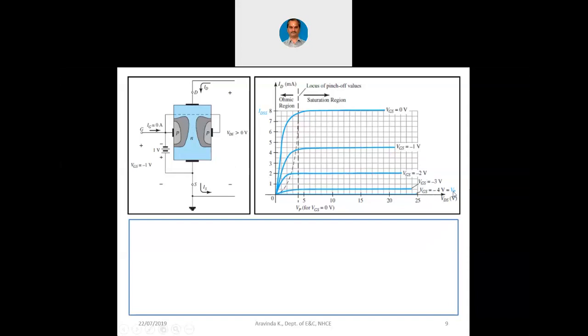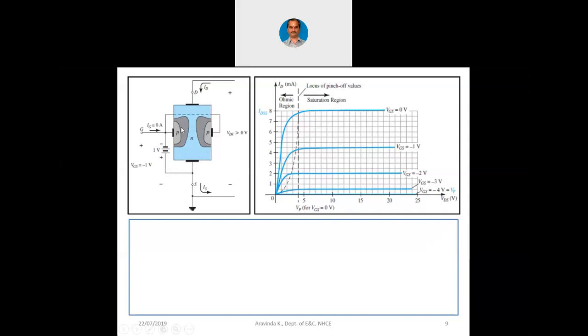Now when VGS is -4 volts, you can see the drain current is 0. That means when VGS is -4 volts, the switch is completely off because this diode gets completely reverse biased. When this diode gets completely reverse biased, it may not allow the passage of current through the device.